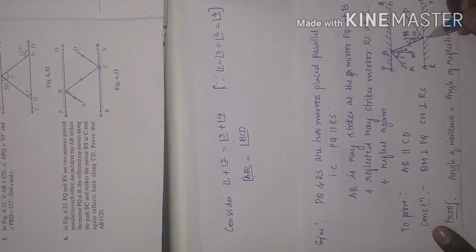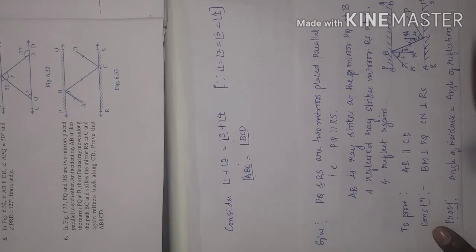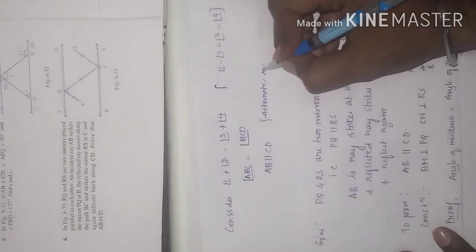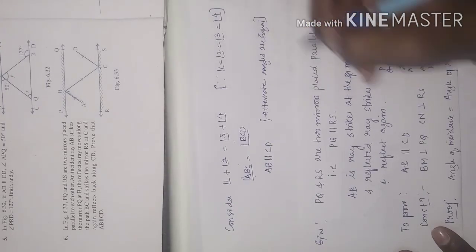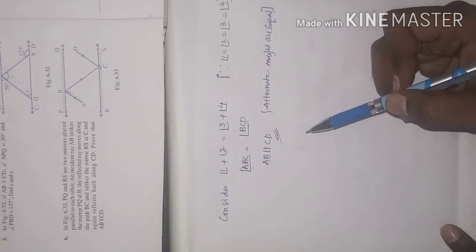So AB and CD are the lines, BC is the transversal line. If the alternate angles are equal, then AB is parallel to CD. So I can write it as AB is parallel to CD because alternate angles are equal. Okay, it's all about the proof, and this completes the exercise.